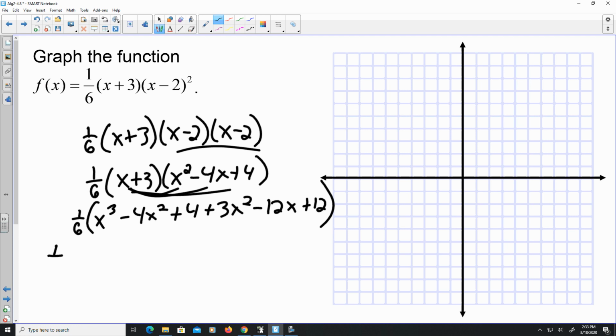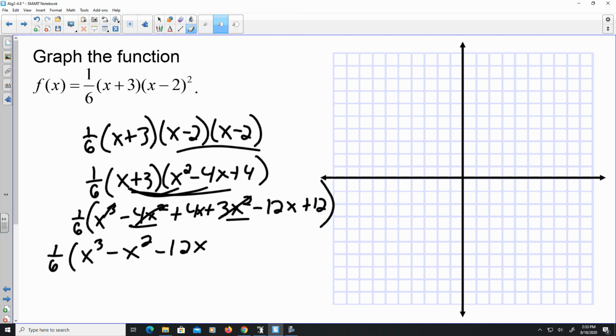And now I have 1/6 times the quantity of x cubed, minus x squared, and then we got minus 8x plus 12.